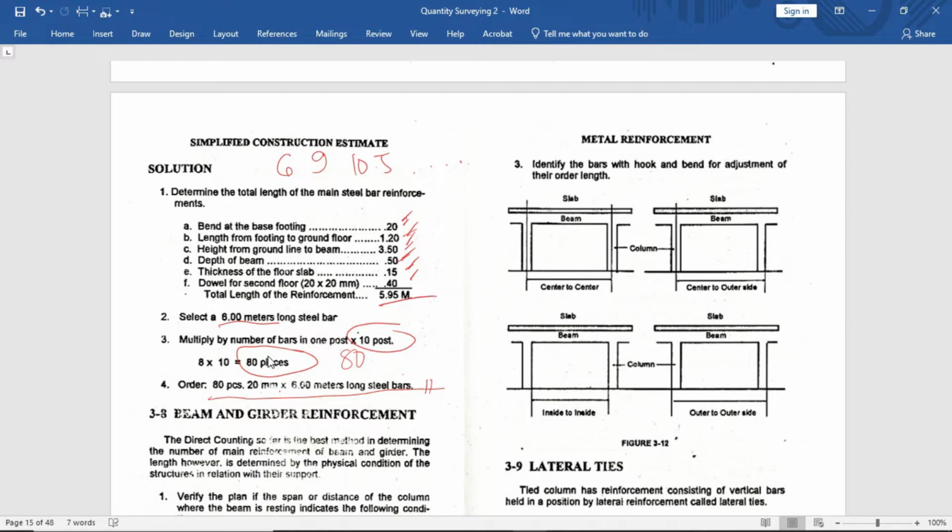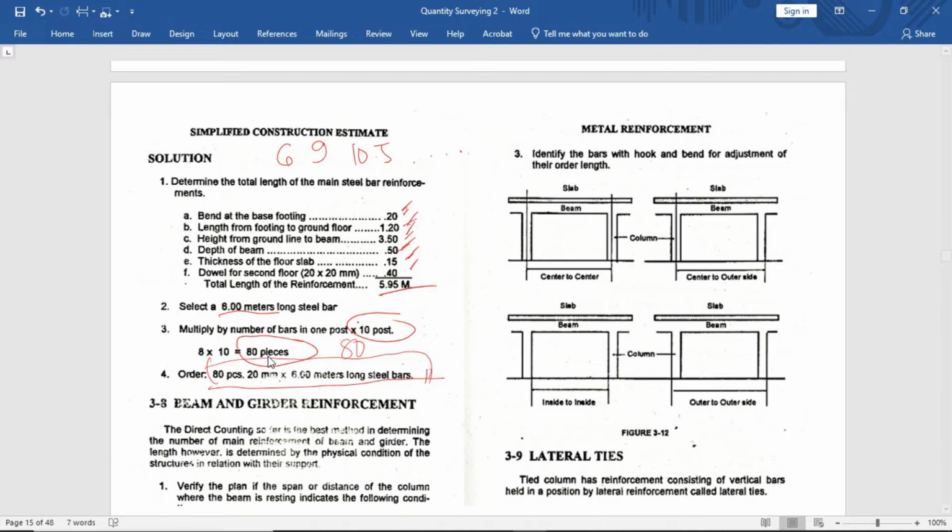Kung ang plano nyo is 2-story, madadagdagan pa ito. Dagdag nyo lang yung height ng second floor, dagdag nyo mga splice, yung mga hooks, makukuha nyo na yung total na number ng steel bars.